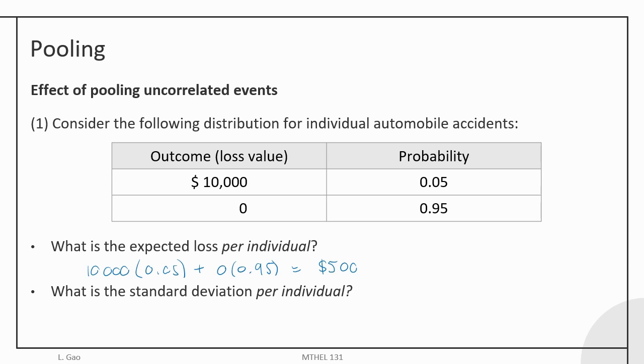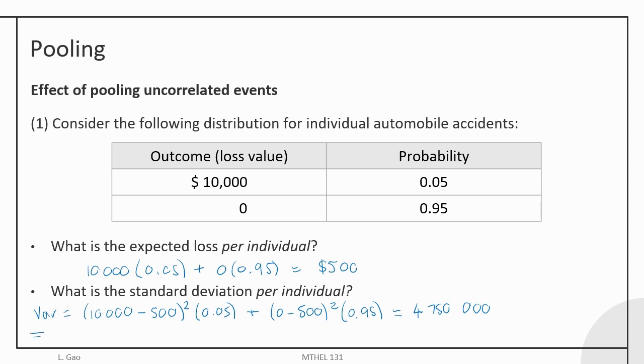So the first one, 10,000 subtract the mean of 500, squared, weighted by the probability of that outcome, plus the second outcome, 0 minus the mean, squared, weighted by the probability of that outcome, which is, in this case, 4,750,000. Maybe I should add that this is the variance.